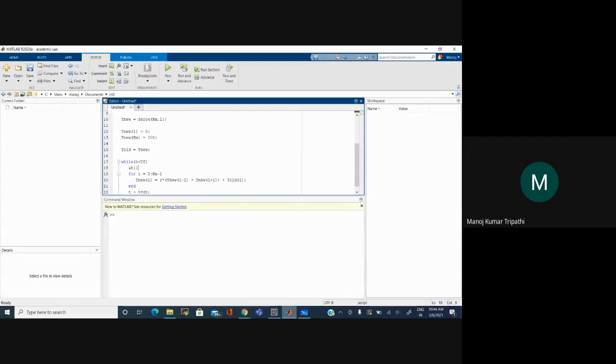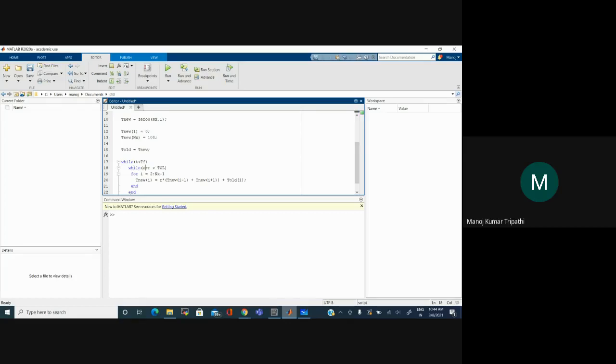We'll say that while the difference value or error, let's say, is greater than the tolerance, we want to run this.